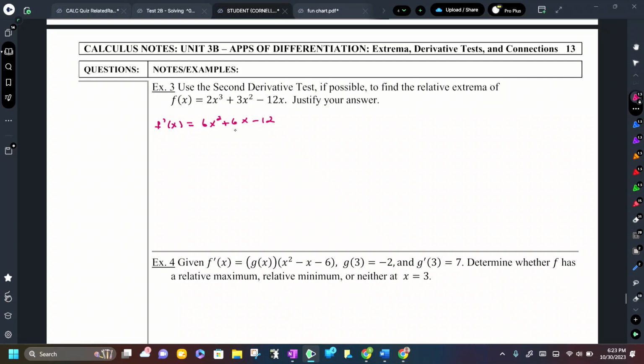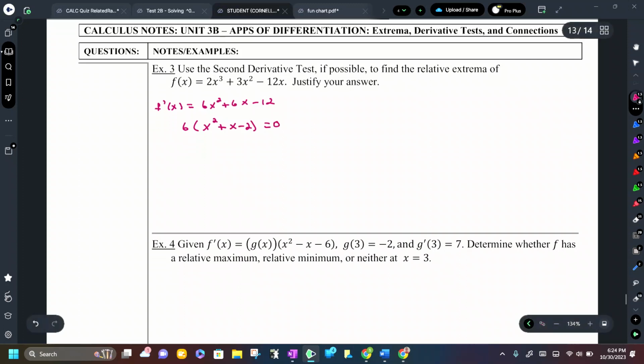The first thing I'm going to do, just to make it a little easier on myself, is factor a 6 out, and then we have x squared plus x minus 2. We're setting all of that equal to 0. I can divide both sides by 6, and my 6 goes away, and we're left with x squared plus x minus 2 is equal to 0. That factors as x plus 2 times x minus 1, whoops, not x plus 1, x minus 1, is equal to 0.